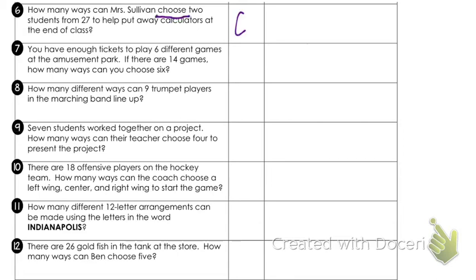The keyword here is that Miss Sullivan is choosing. At the end of the day, if they're picking up calculators, if they're both doing the same task, does it matter which student she picks first or second? No. Now, what about if she was giving them different tasks? What if I say, hey, Jocelyn, could you wipe down desks, and Jack, could you wipe down calculators?